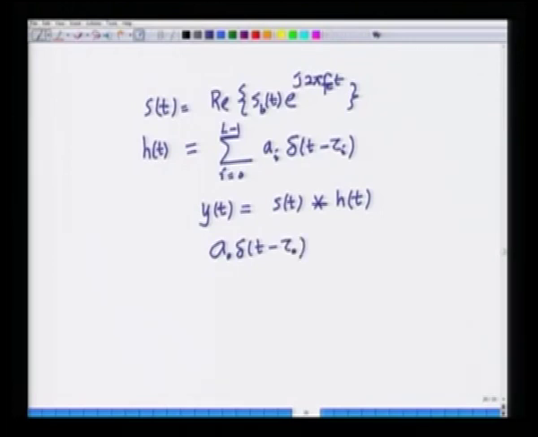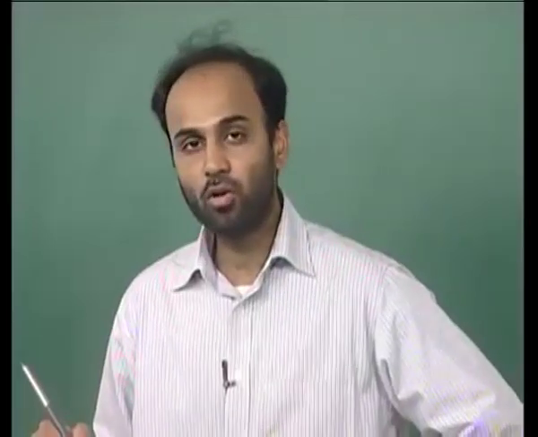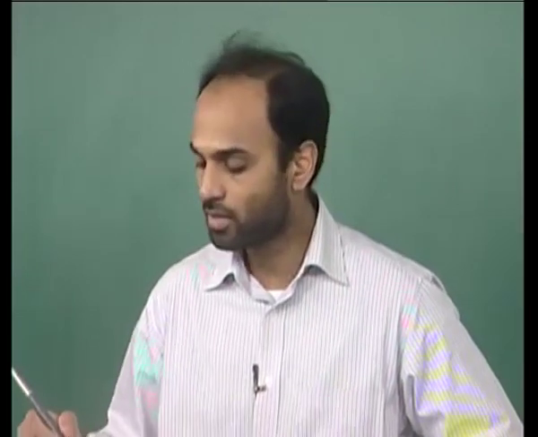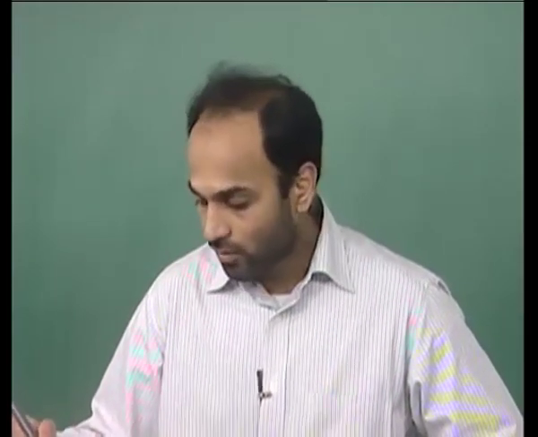If I pass my signal s(t) through this component, as we know from the basic course on signals and systems, my received signal will be attenuated by a_0 and delayed by tau_0.